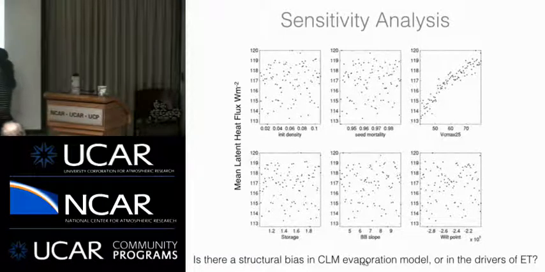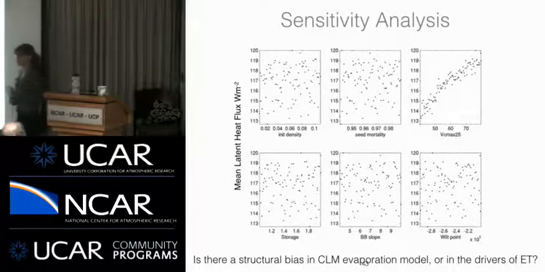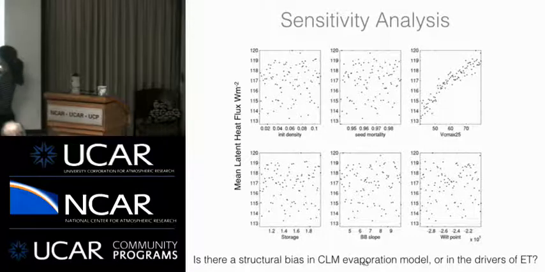I perturbed the photosynthetic capacity, the water use efficiency, and the drought tolerance of the plants. These are 3 other ones which didn't have any effect. It turned out this was an extremely boring sensitivity analysis, because only this parameter had any effect at all on the photosynthetic fluxes. And this parameter, the photosynthetic capacity, is a very strong control over ecosystem gas exchange, so this isn't very surprising.